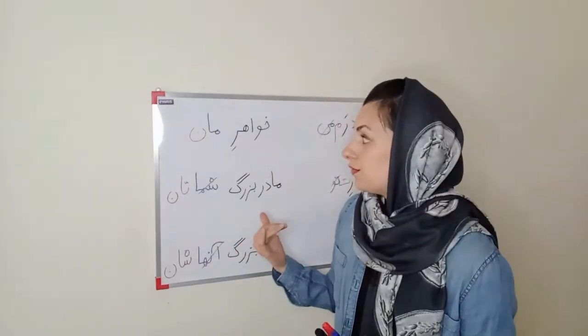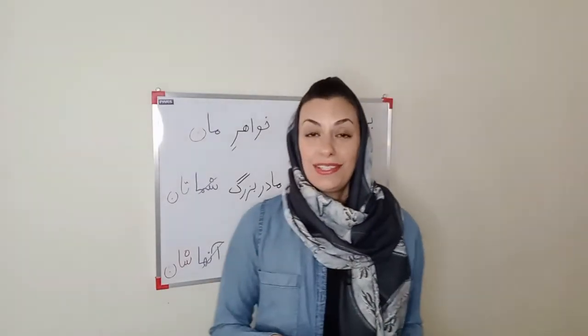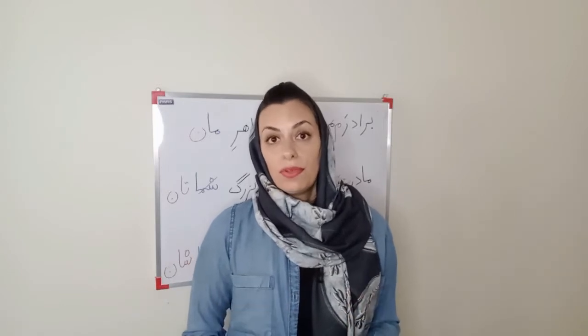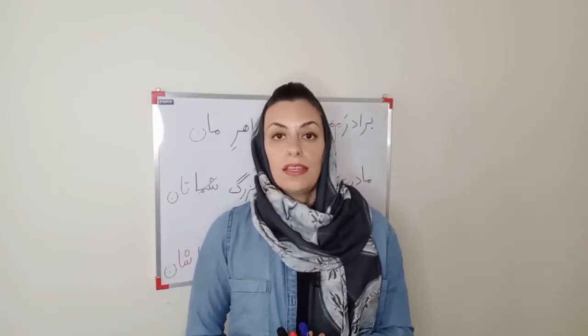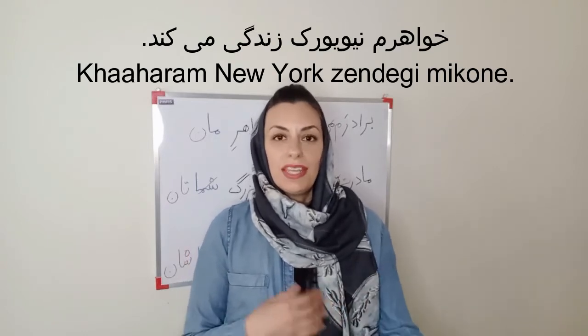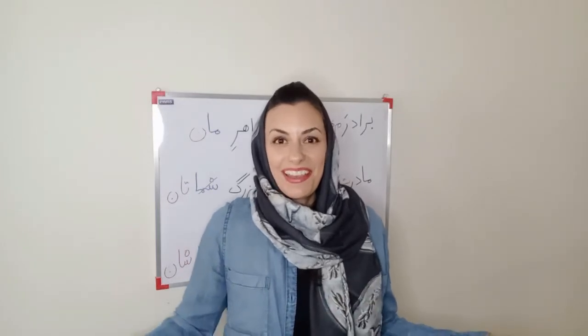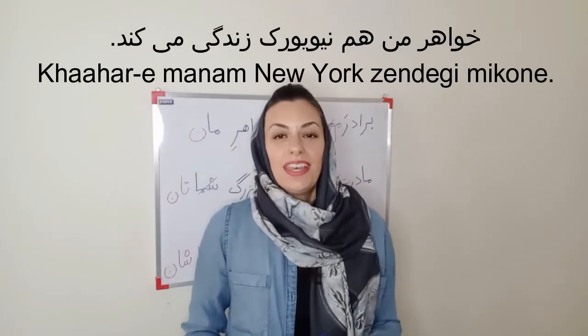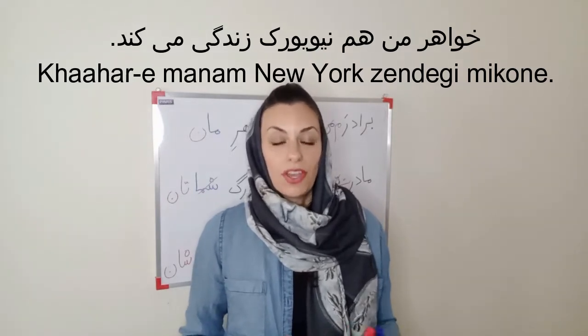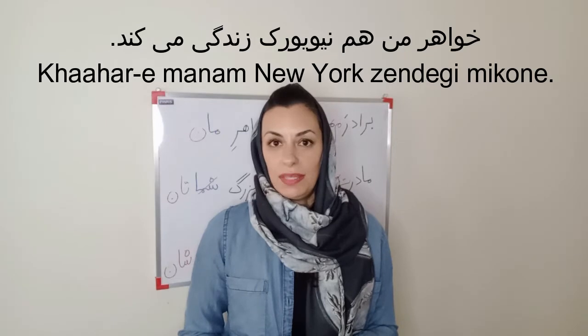And then the first form that we looked at a few lessons ago is going to be used more for emphasis. So for example, if I'm talking in general, I might say, خواهرم نیویورک زندگی میکنه. My sister lives in New York. And then if I'm talking to someone and they want to be like, oh yeah, hey, my sister lives there too, they would say خواهر من هم نیویورک زندگی میکنه. خواهر منم نیویورک زندگی میکنه.